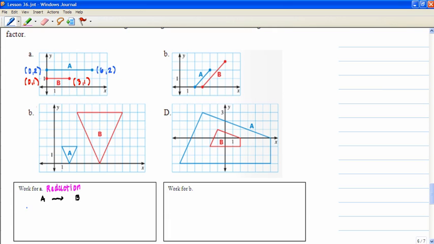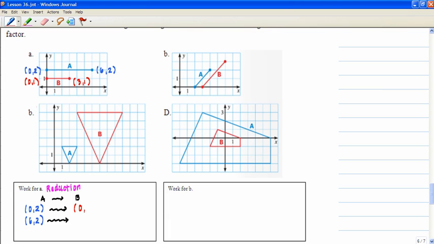I'm going to put the A points, 0, 2, and 6, 2 under A. And then the corresponding points in the B column.